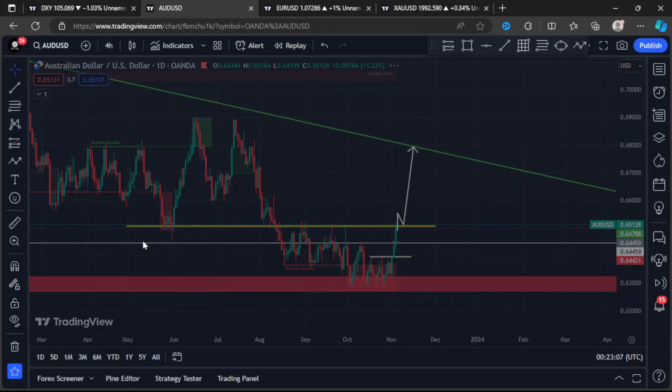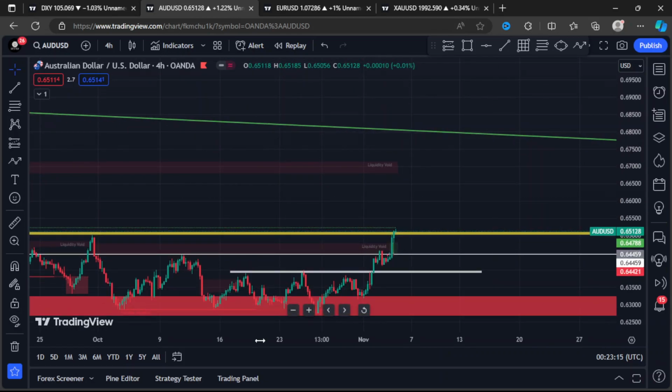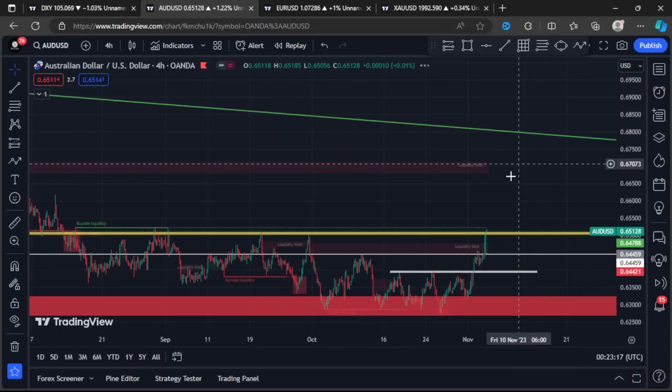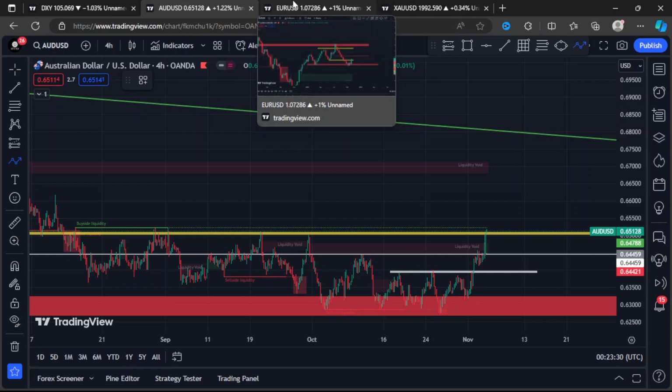So moving up to the 4 hour, we have some liquidity void here. So we are expecting price to clear this liquidity void. So still looking for a bullish movement on AUDUSD for next week, from 7th to 12th November.